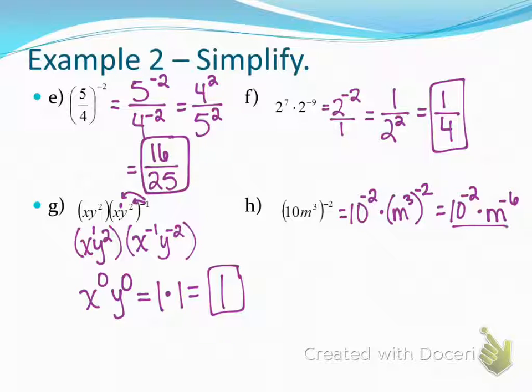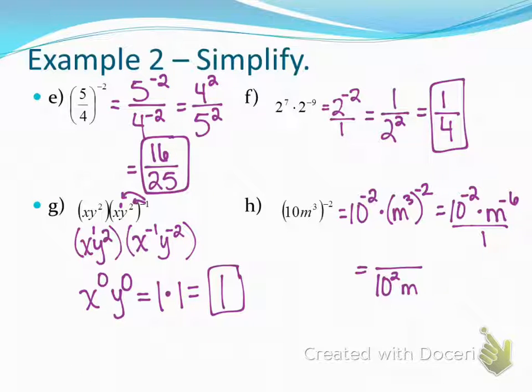If we need to get rid of our negative exponents, I suggest turning that into one big fraction. And then we play our favorite game, stay or go. 10 to the negative second, should it stay or go? It should go. So 10 to the second goes to the bottom. M to the negative 6, should it stay or go?